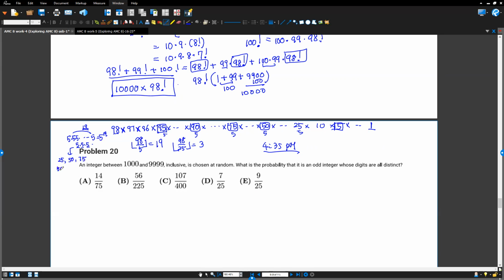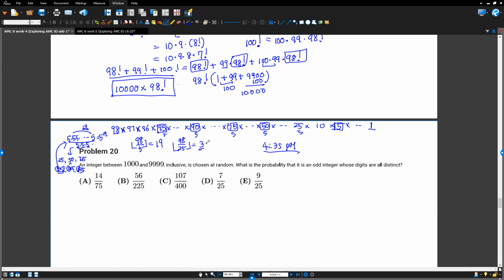Each is 5 times 5, so we get two 5s. Before we counted only one 5 for each, so that's why we add one more. This is also 5 times 5, and this is also 5 times 5. This is included here, but we still have another 3 over here, right? That's why we get the number 3.